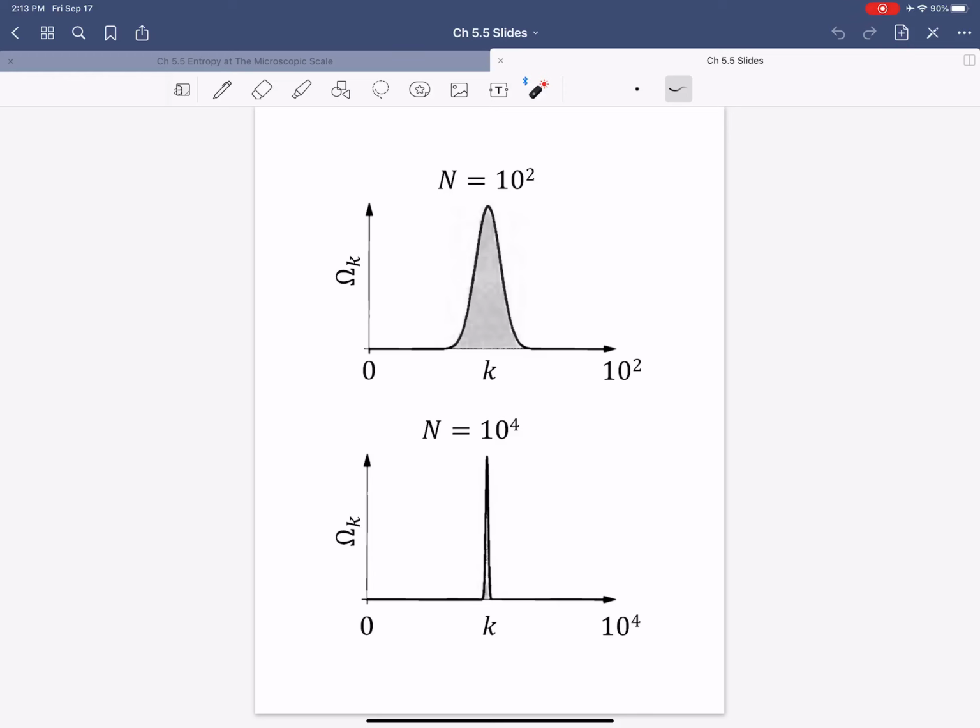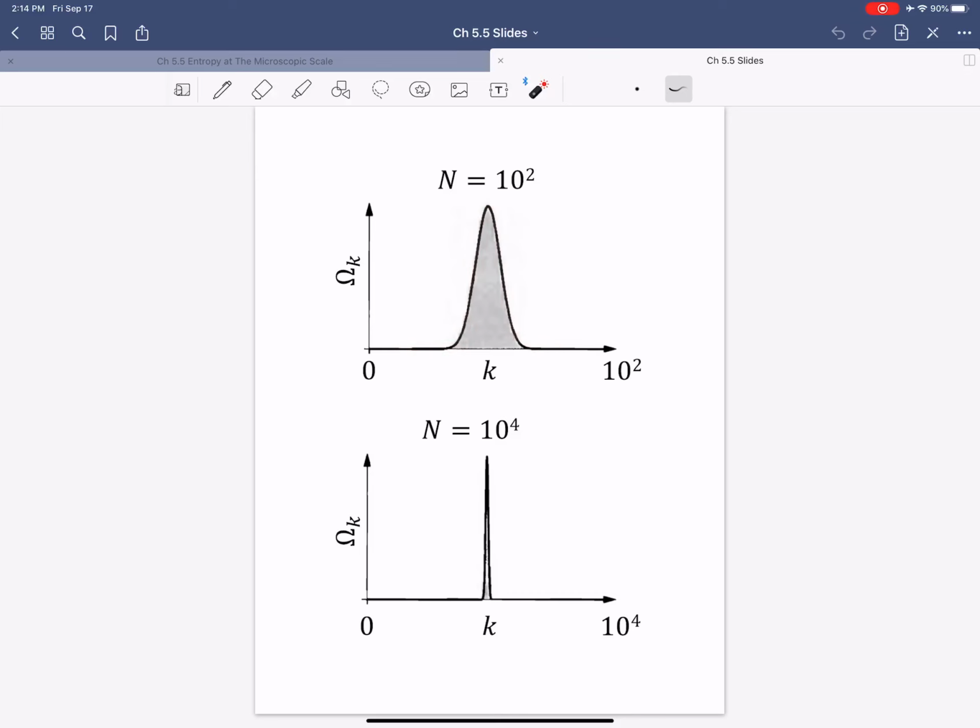For 100 coins, our distribution looks like this, and the width of the distribution is that, essentially the standard deviation of that distribution. If we plot it from 0 to 100, at the wings of the distribution it's really rare, and then we have this sort of normal distribution in the middle.